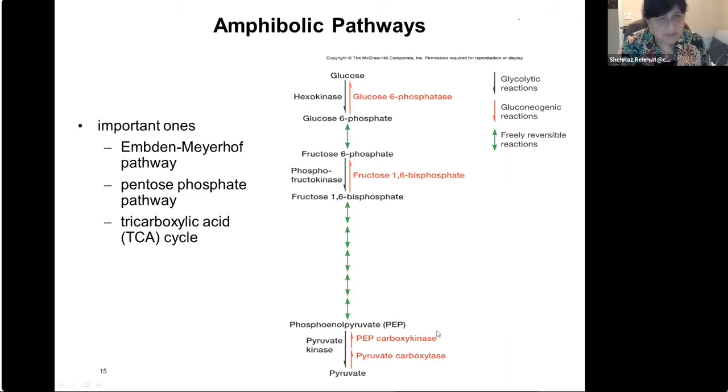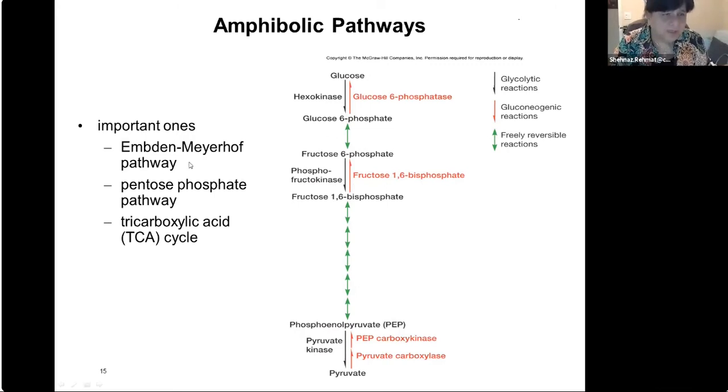So if you look at this pathway, you can see that when this green double arrow is shown, it means that enzyme is capable of reverse reaction also. But then there are some enzymes in a pathway that go in one direction only, and that's the only way the cell will be able to control which direction it is going, whether it is synthesizing or breaking down that compound, right?